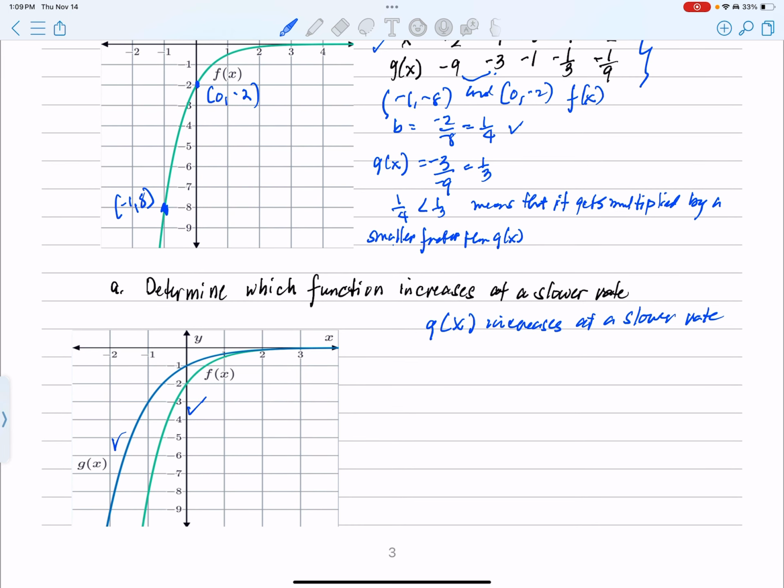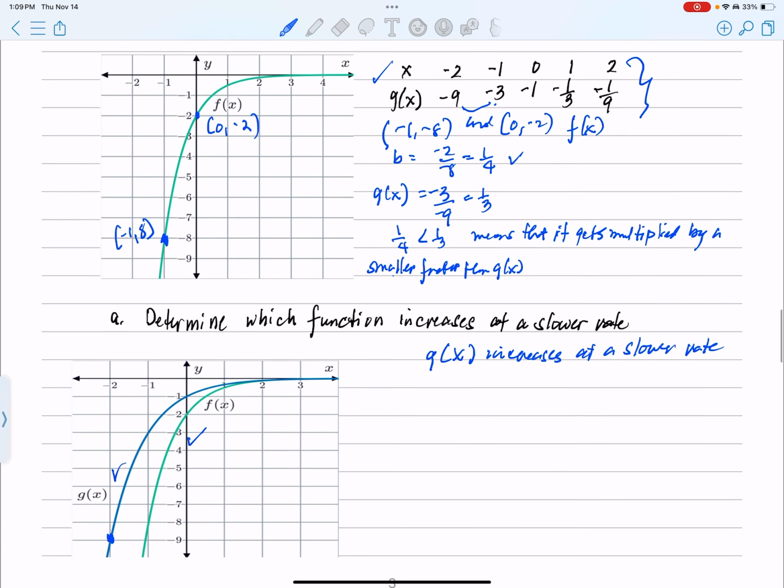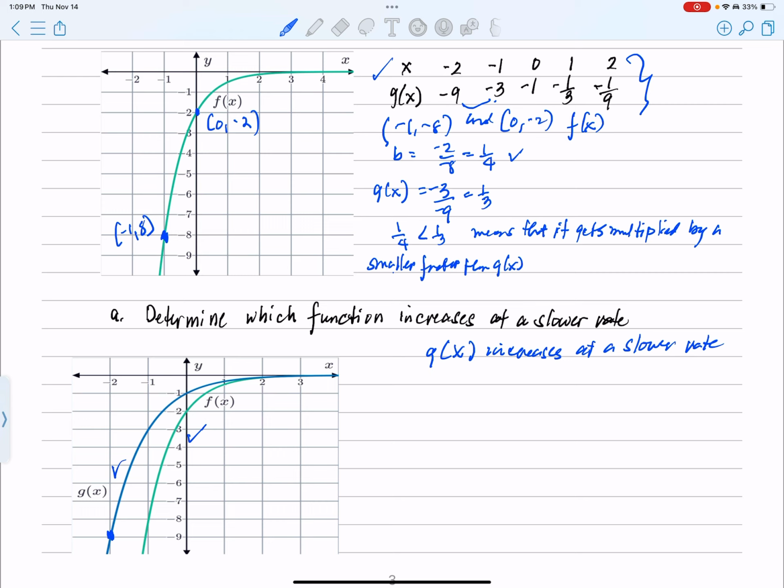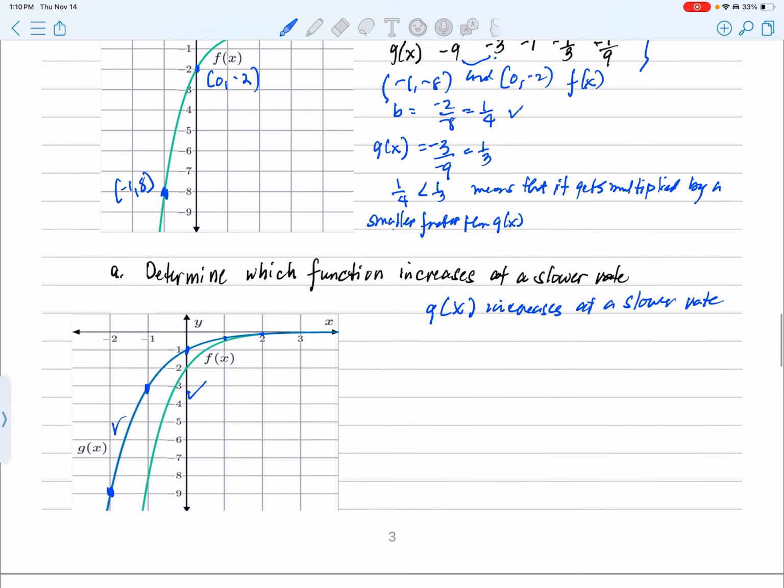When it's negative 1, it is negative 3. When it's 0, it's negative 1. When it's 1, it's 1/3. And when it's 2, it's negative 1/9. That is how the graph is being plotted.